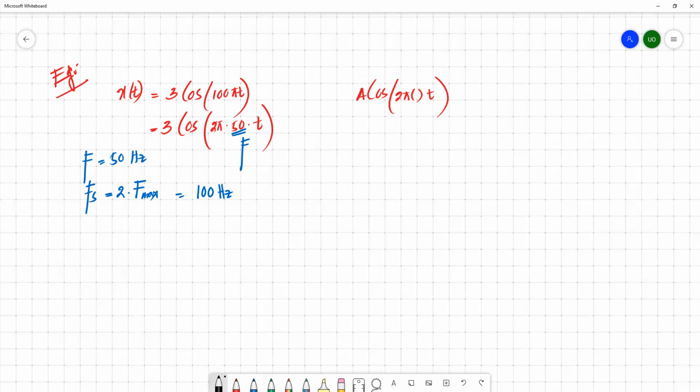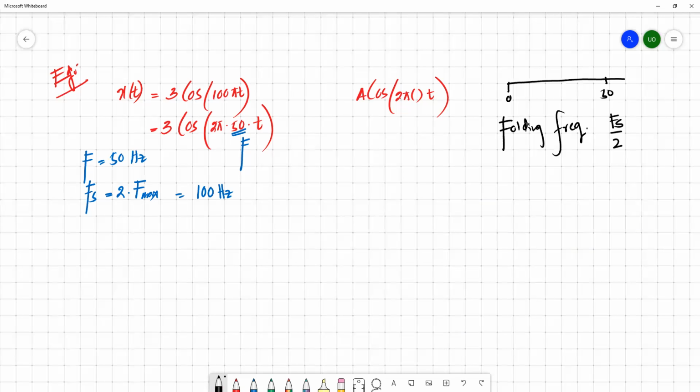Let's take this as the frequency range: you have 0 frequency and this is 50 hertz. The folding frequency is the sampling frequency Fs divided by 2.